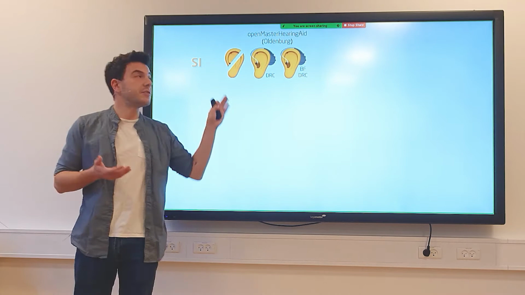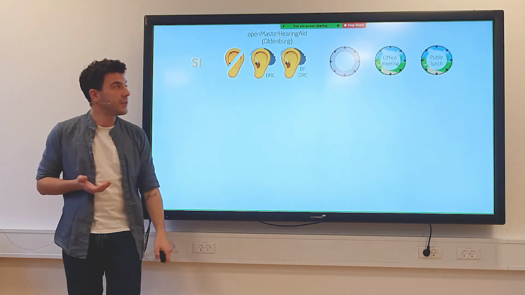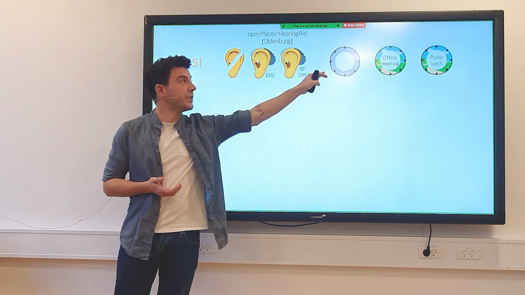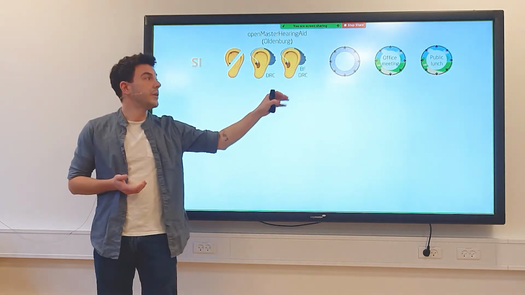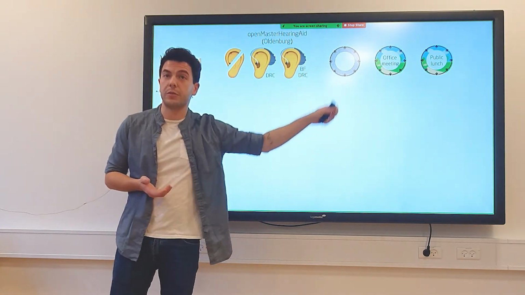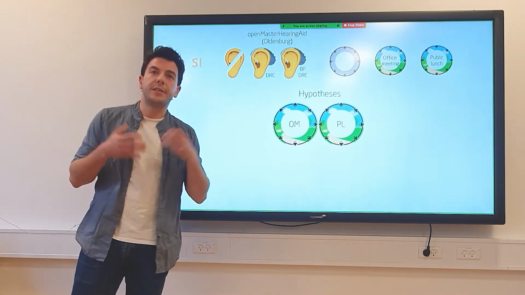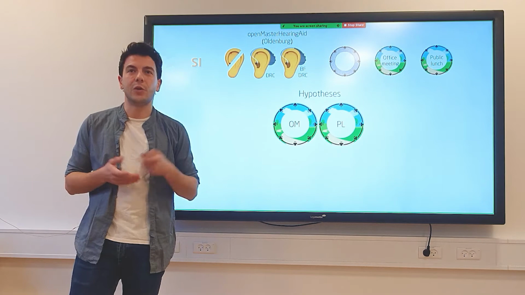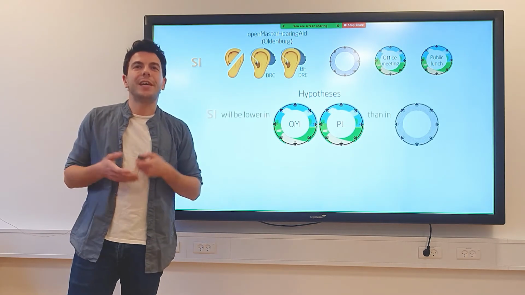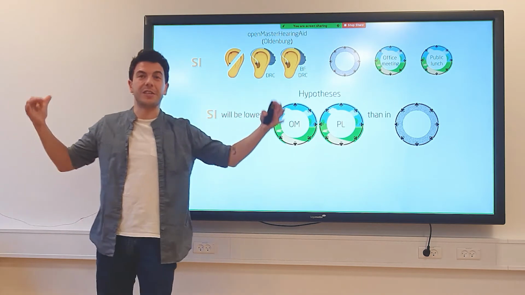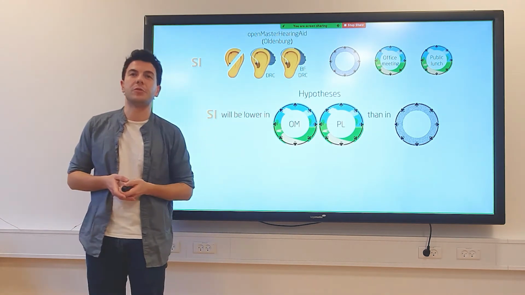We evaluated these 3 strategies for 3 conditions, again artificial spatialized noise, as well as 2 realistic VSEs, this time including the office meeting as well as the public lunch. Our hypotheses this time were that these 2 realistic VSEs, OM and PL, would again decrease speech intelligibility compared to the more artificial spatialized condition, as was the case before.